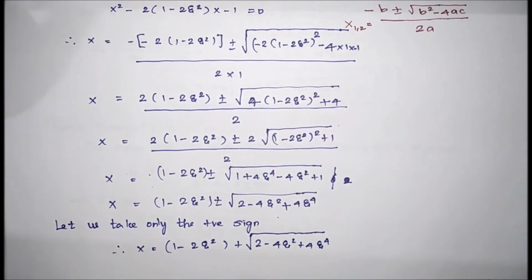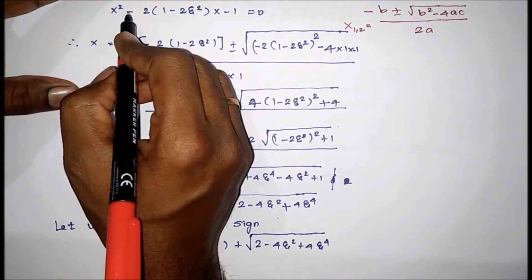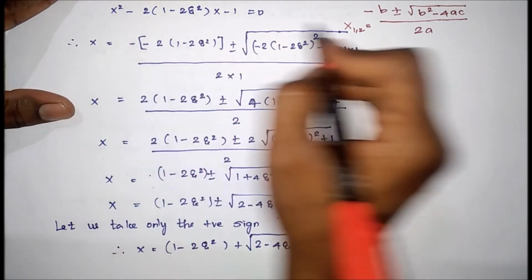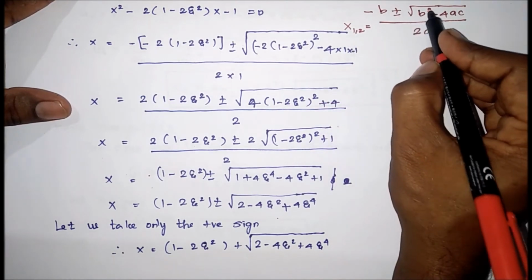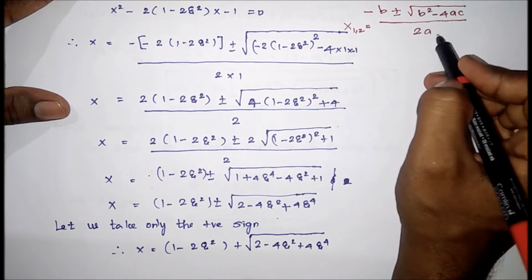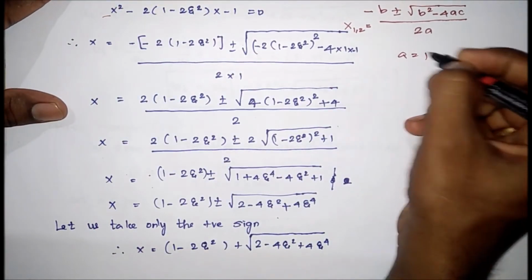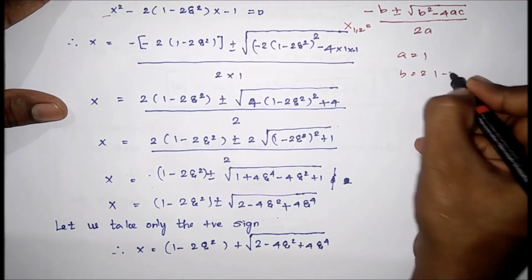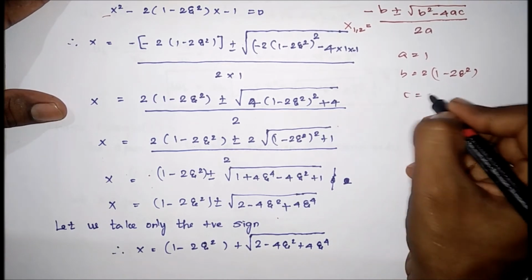So this is the quadratic equation. For this we know the formula to find the solution: x equal to minus b plus or minus square root of b square minus 4ac divided by 2a. So here a equal to 1, b equal to 2 into 1 minus 2 eta square, then c equal to minus 1.